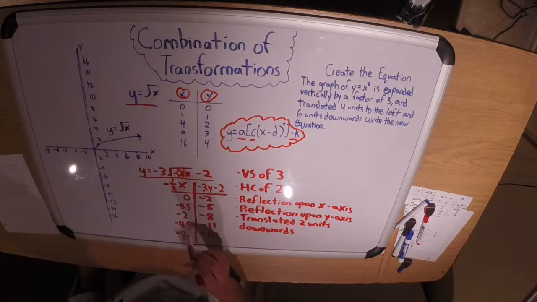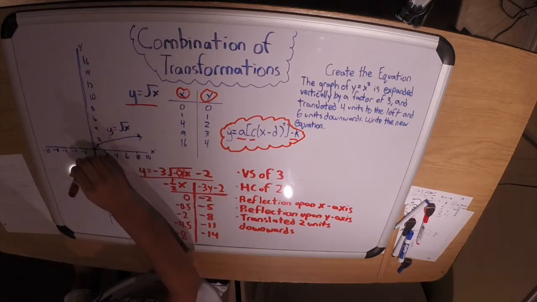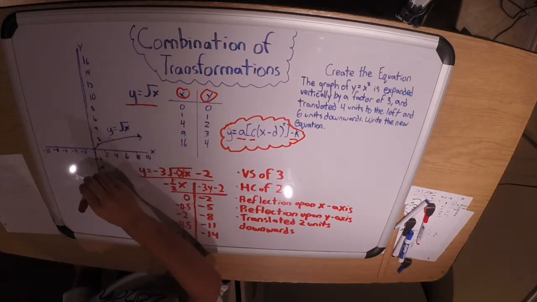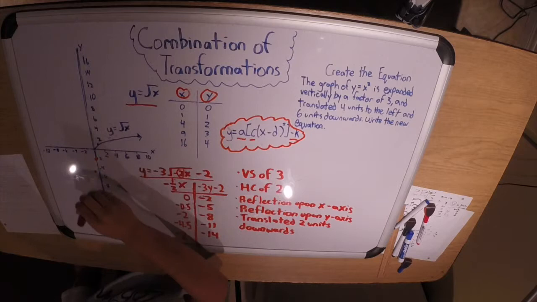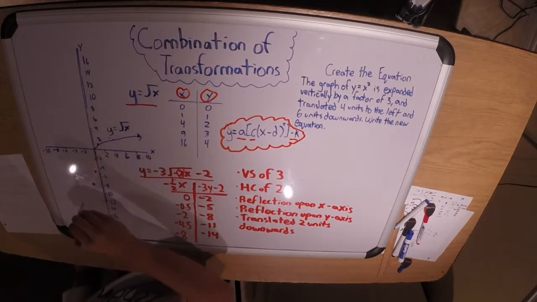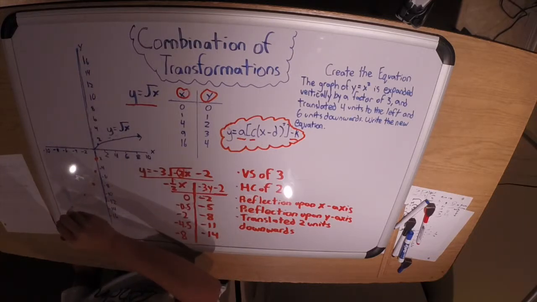Because I already did the table, we'll just plug it in. So 0, negative 2, negative 0.5, negative 5, negative 2 and negative 8, negative 4.5 and negative 11, and negative 8 and negative 14.